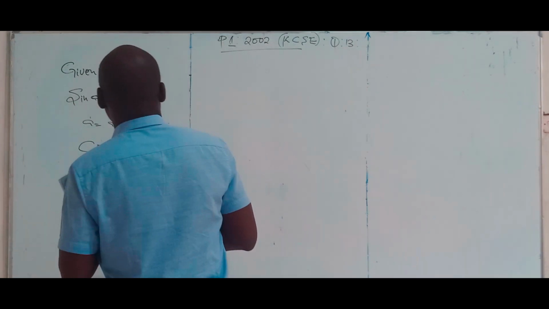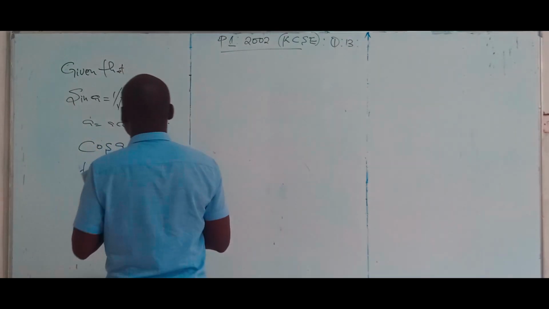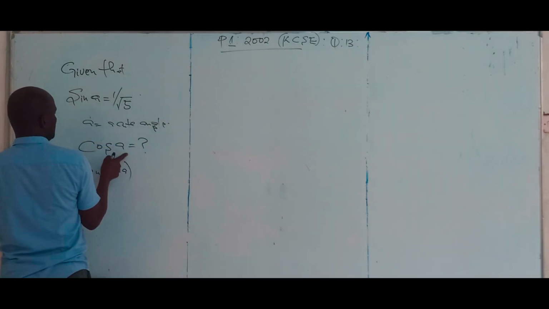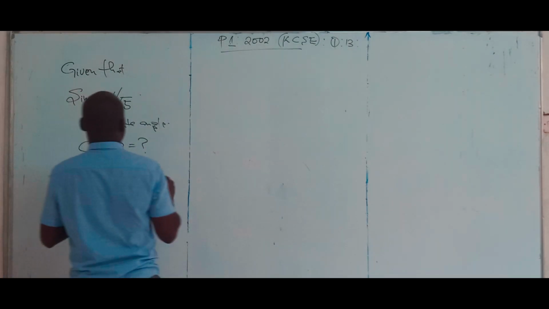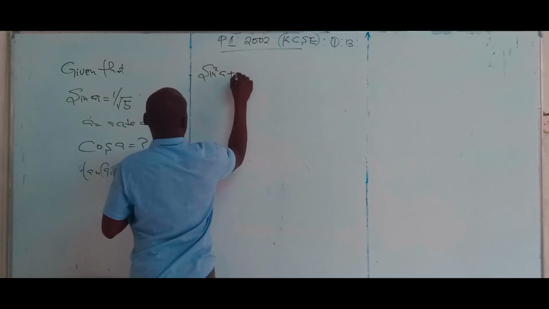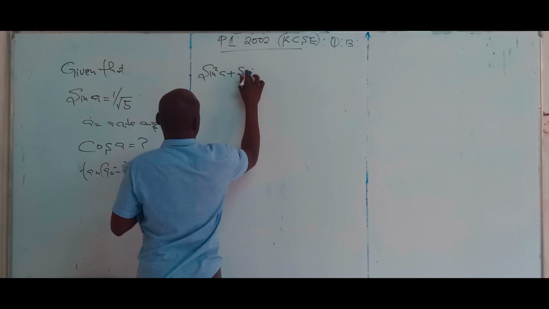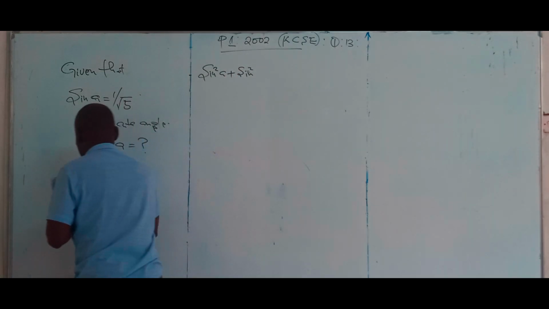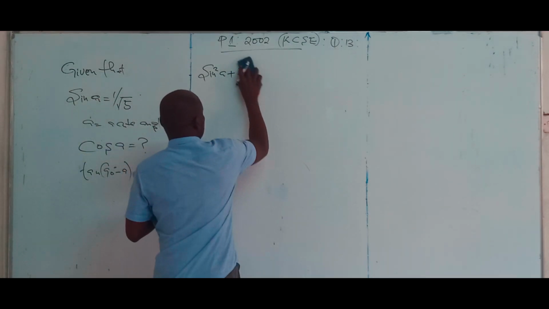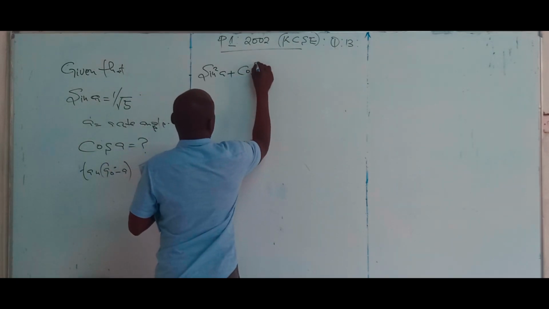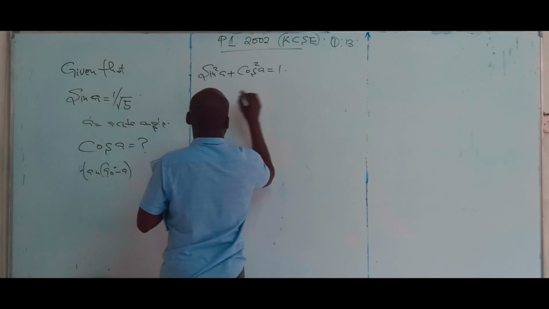First, cos A. We'll use the Pythagorean identity: sin squared of A plus cos squared of A should give me 1.